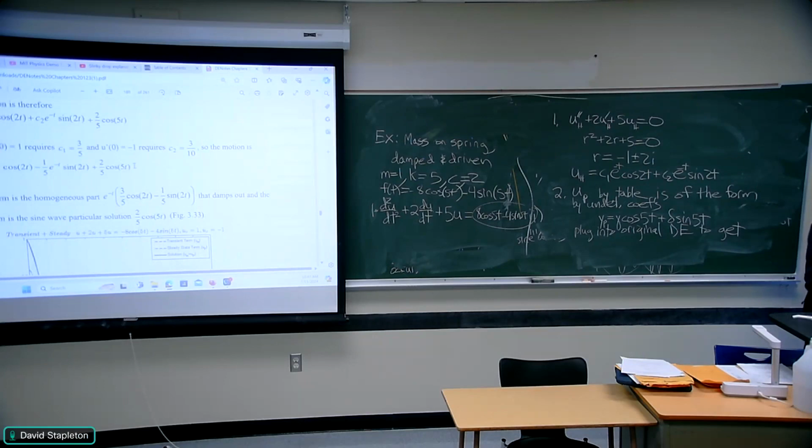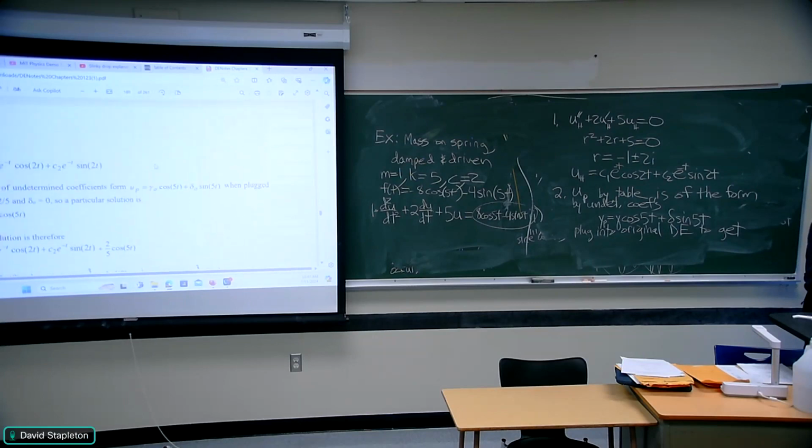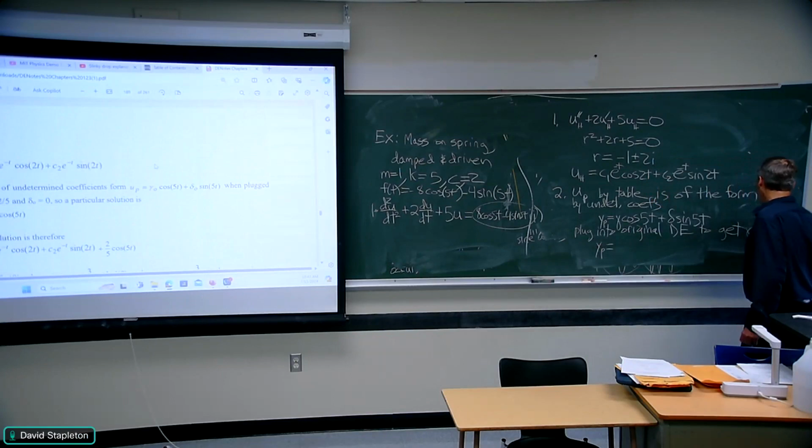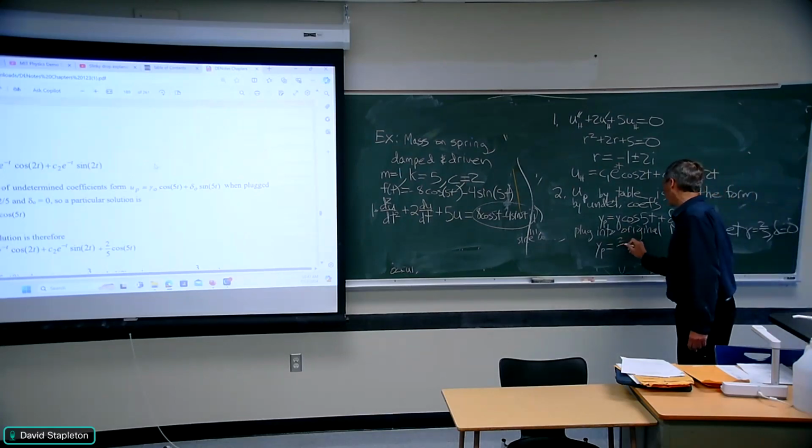Oh no, I'm sorry, that's the initial conditions. Yeah, gamma is 2/5 and delta is 0, the way I've written it here. I may use different letters in the notes. And so the particular solution is 2/5 cosine 5t.